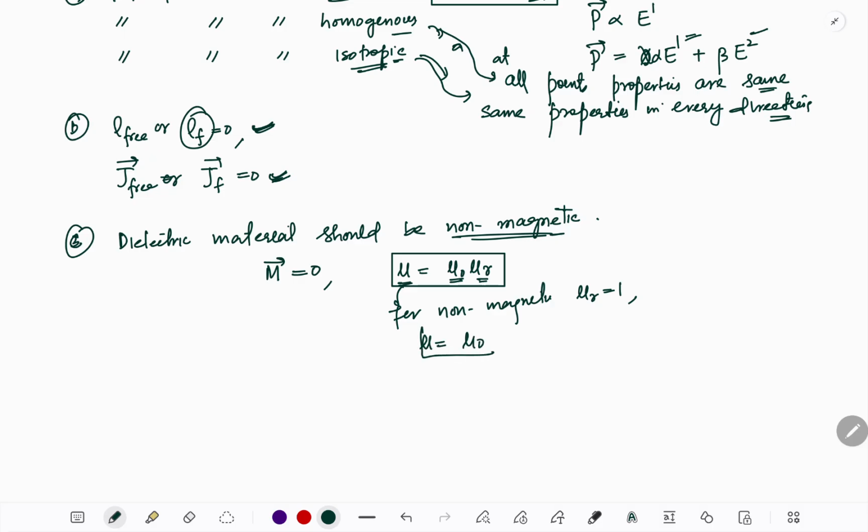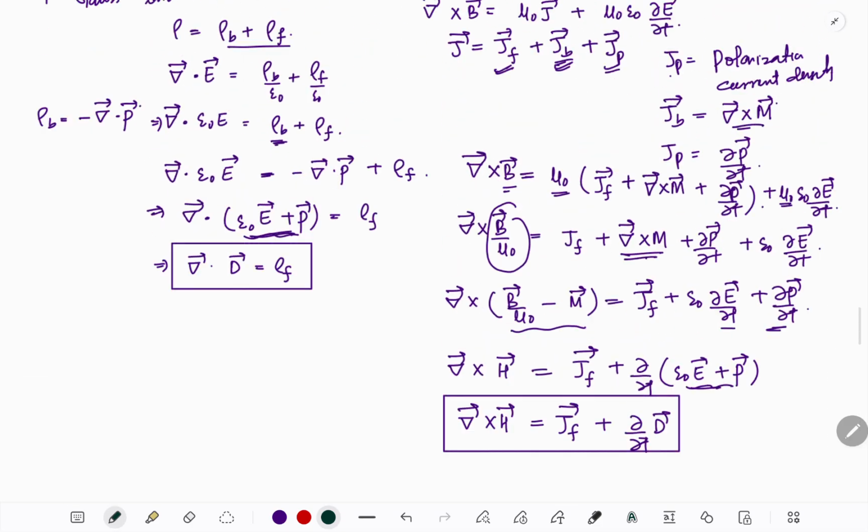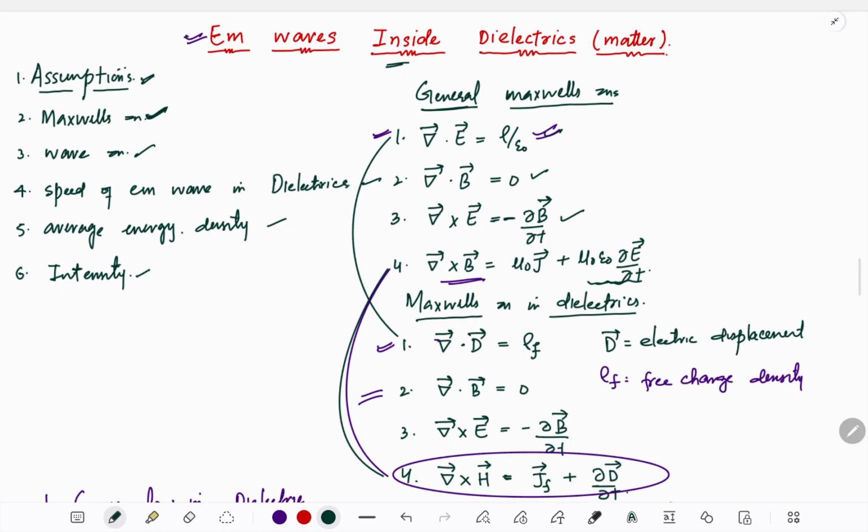So simply, the permeability of the medium is the permeability of free space. It's as simple as that. Okay, this is one of the important properties of the dielectric material in which we are studying this topic, electromagnetic waves inside the dielectric material.